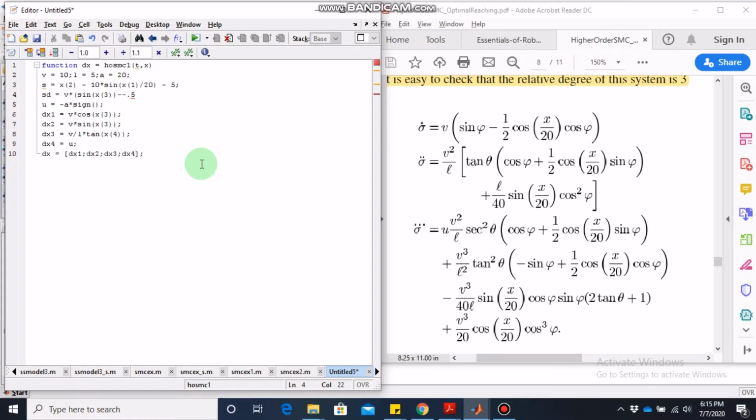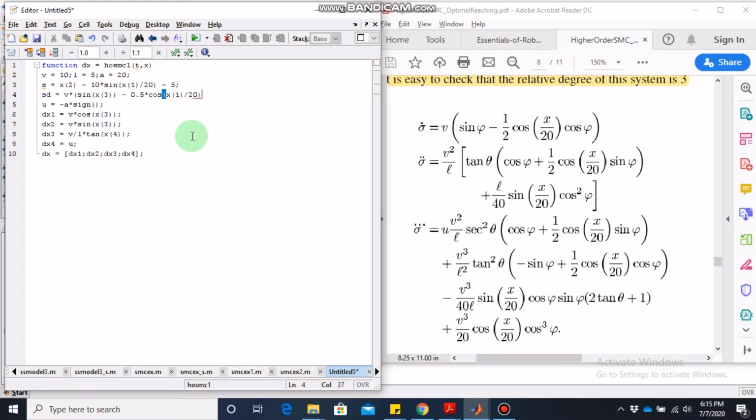So let me just give some space here to make the code clearly visible. So minus 0.5 times cos of x1 by 20.